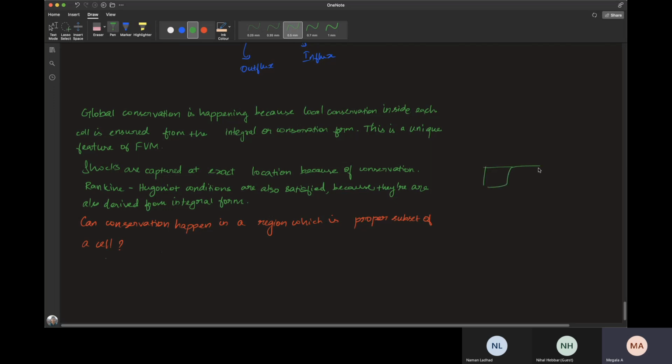If you have two cells and suppose your shock is here, that will be captured only at the interface. Suppose you had a shock over here, you will essentially be making it sit over here only in the finite volume method.